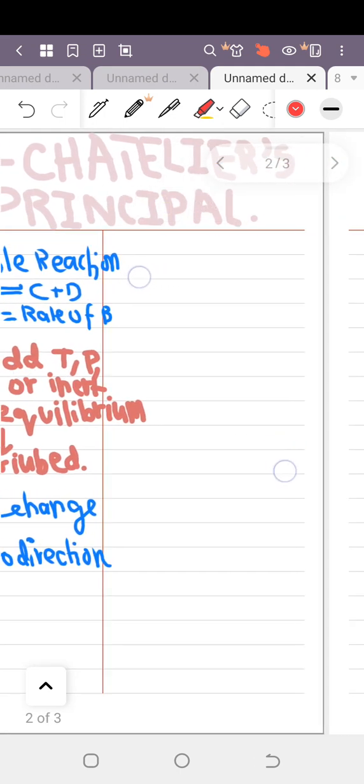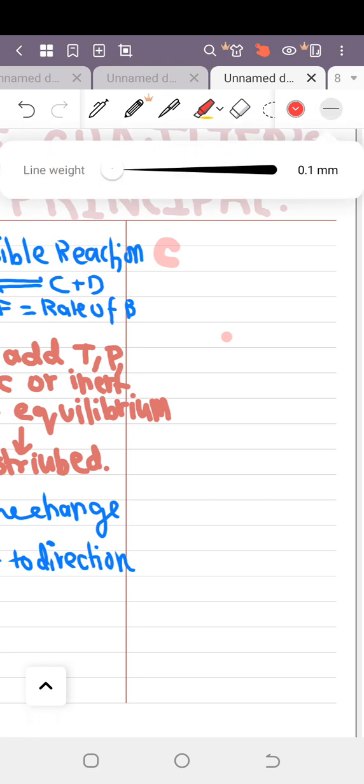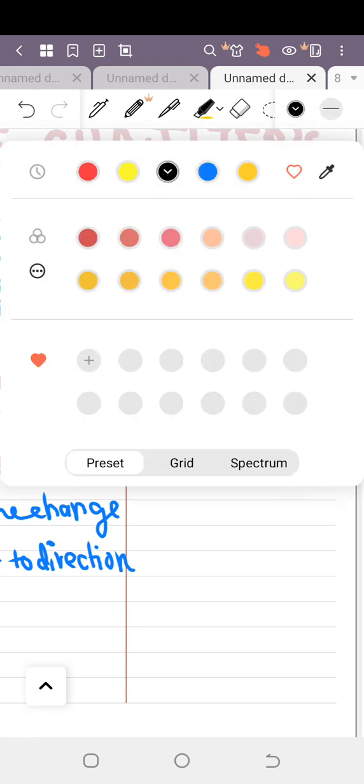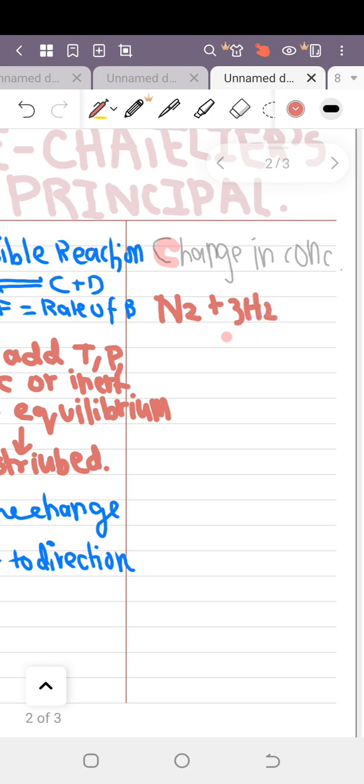So if I have this reaction, N2 plus 3H2 gives 2NH3.